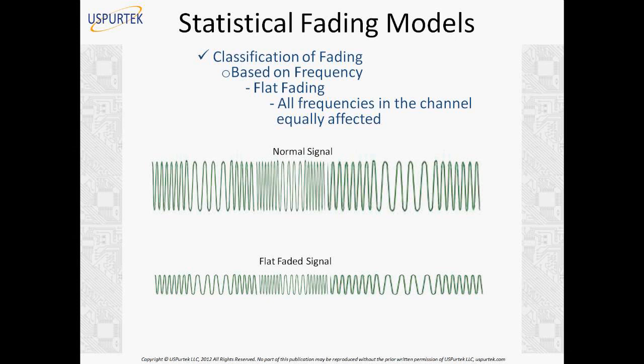There is a center frequency, but a band of frequencies which are used around the center frequency. So if all the components are affected to an equal extent while fading, then we call it a flat fading channel. Flat fading channel is very easy to handle because at the receiver you can equalize all the components of the signal to the same extent. So the receiver design will be much simpler if you have flat fading.